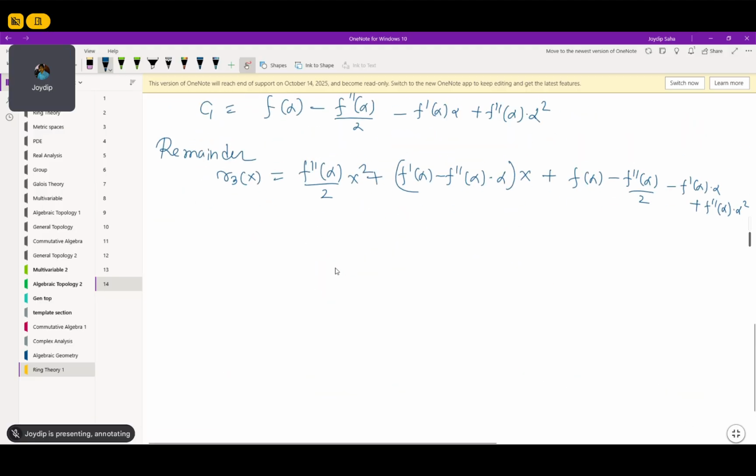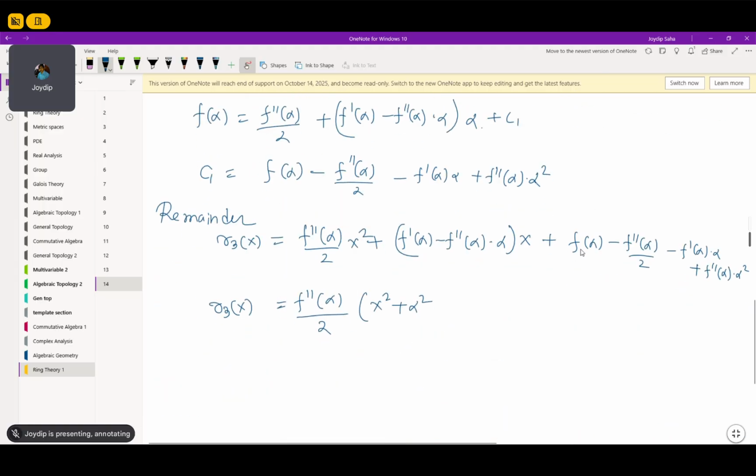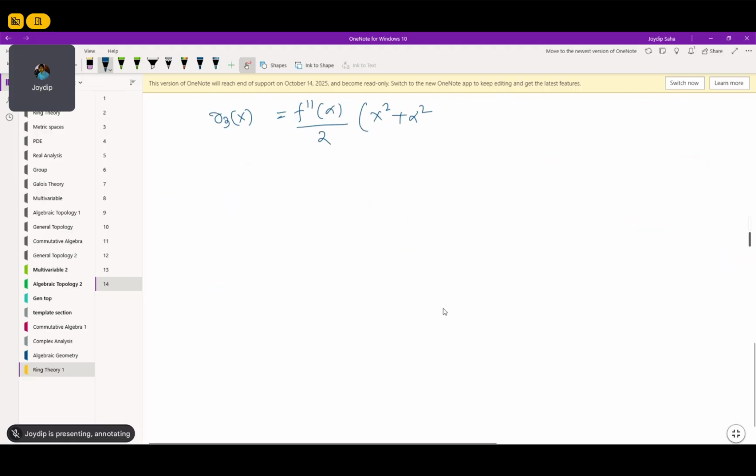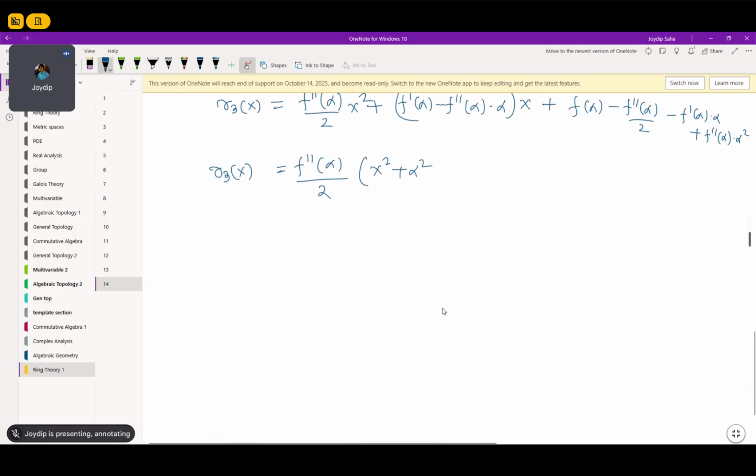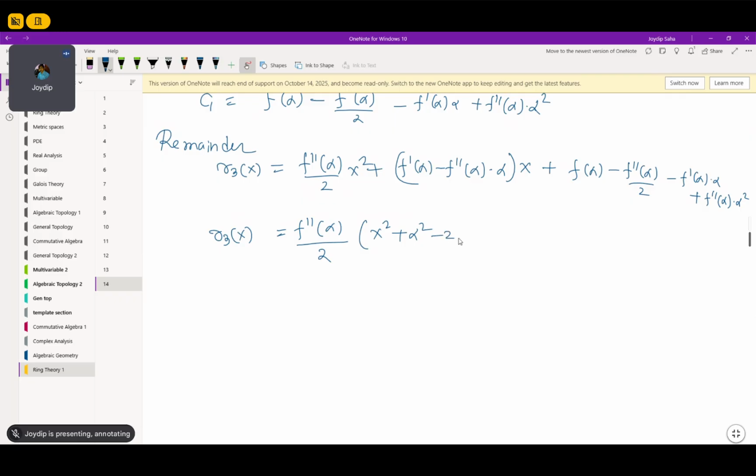So if we rearrange this, I can write f''(alpha)/2, taking x^2 common, minus x^2 plus alpha^2 from here, and from this term we get minus 2 alpha x.